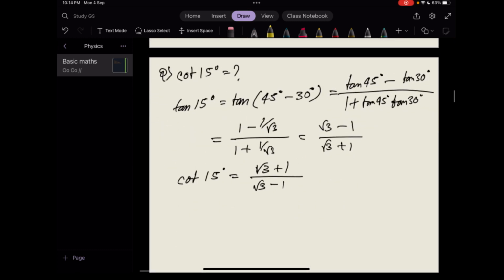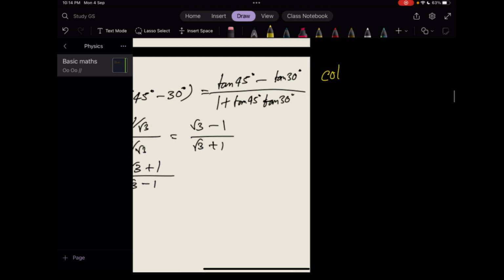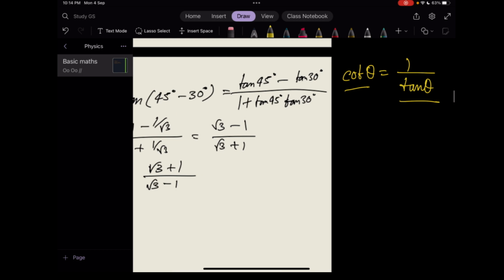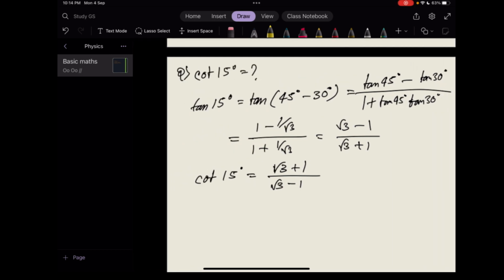Okay, cot 15 degree. So similarly, cot 15 degree. As I mentioned earlier, cot theta is 1 by tan theta. So you don't need to remember any formula related to cot. If you know the formula related to tan, you can find out the value of cot. So what I am doing here, I am fetching out the value of tan 15 degree.